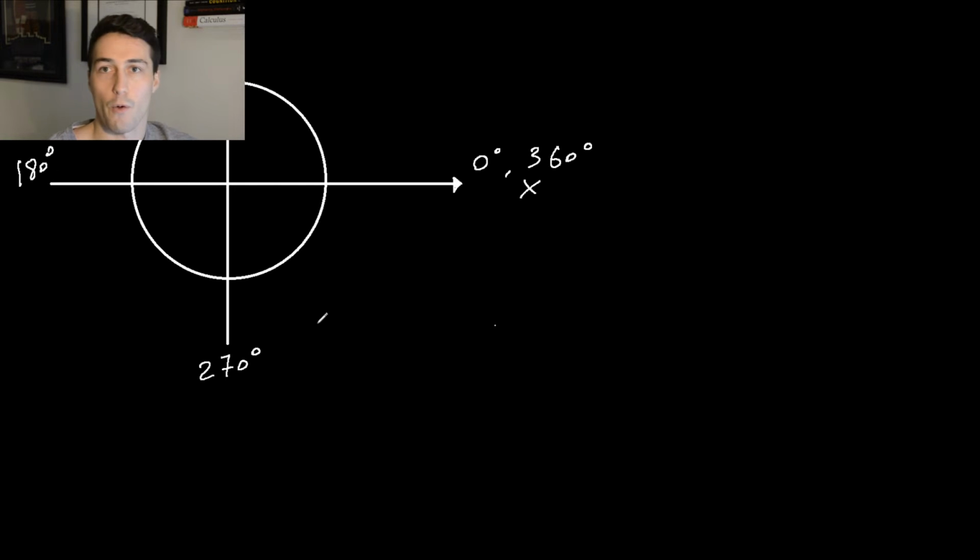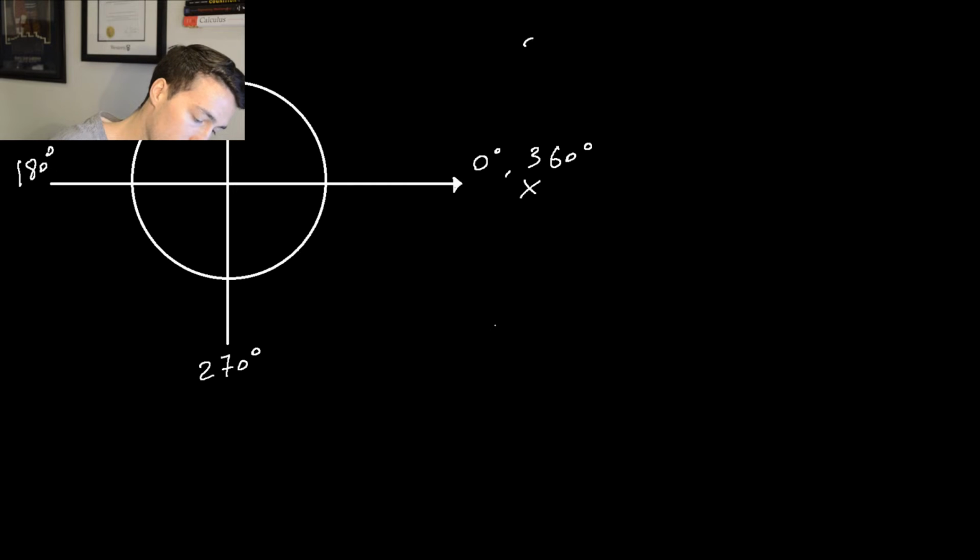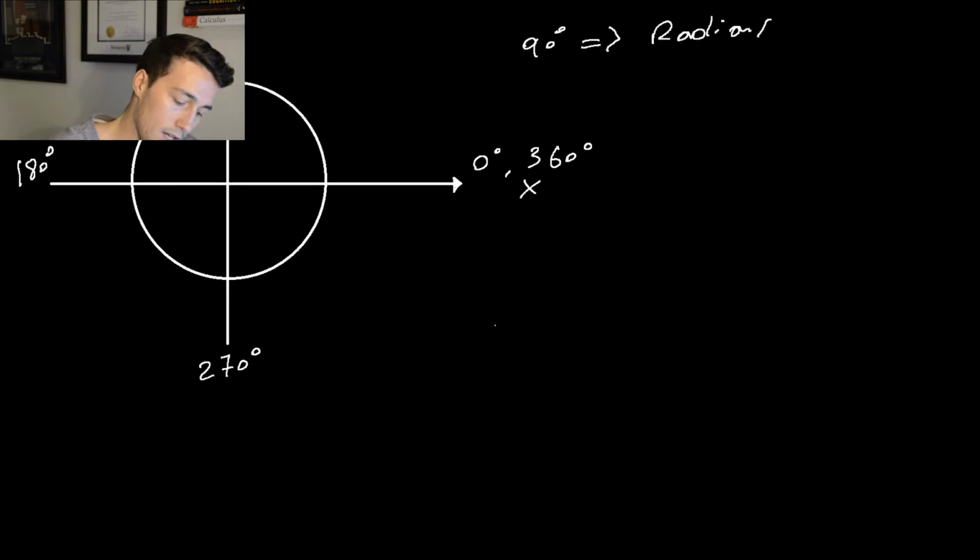And now, what I want to do is express these key points, or these key axes, as radians. So for 90 degrees, I want that in radians. And so what we do is we look at our pi radians is equal to 180 degrees conversion equation.